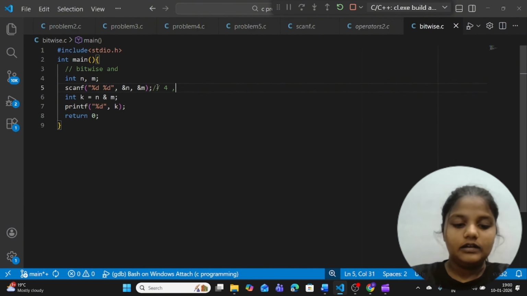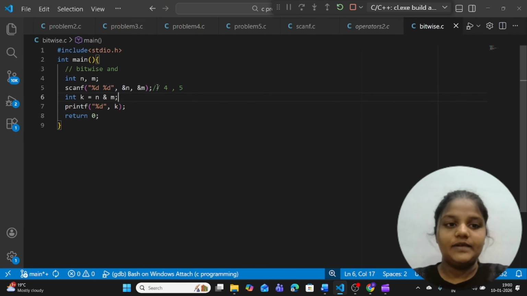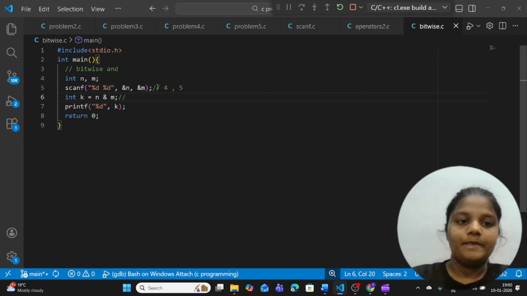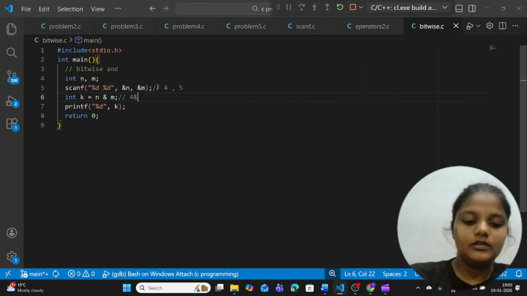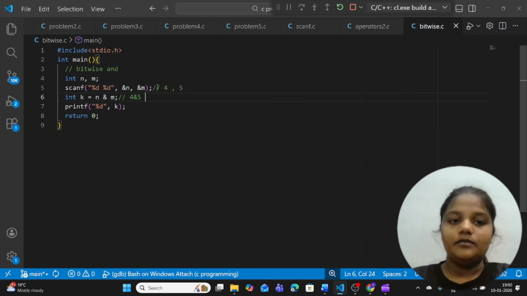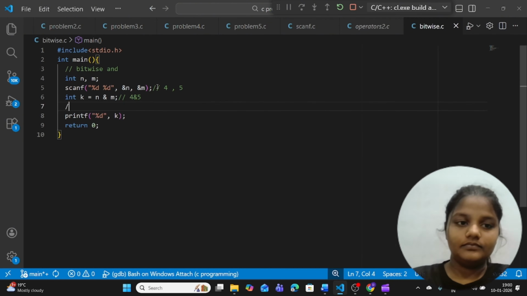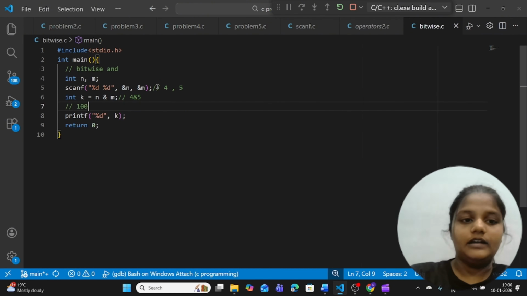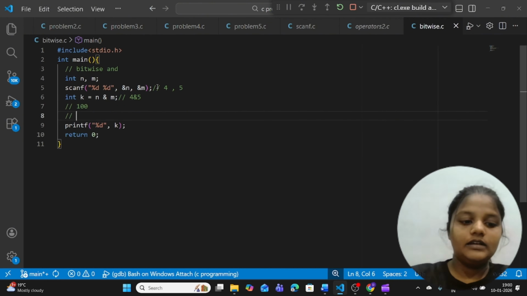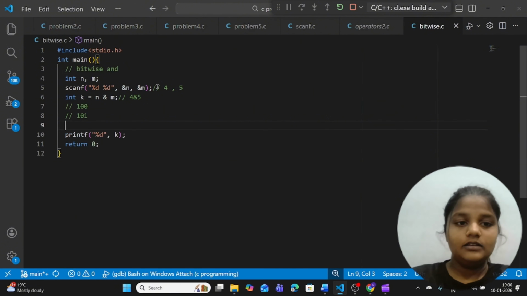So what will happen here if I give 4 comma 5 in this line? For 4, what is the binary value? 100. For 5 it is 101, right? So if you perform AND, 1 and 1 is 1, 0 and 0 is 0, 0 and 1 is 0.